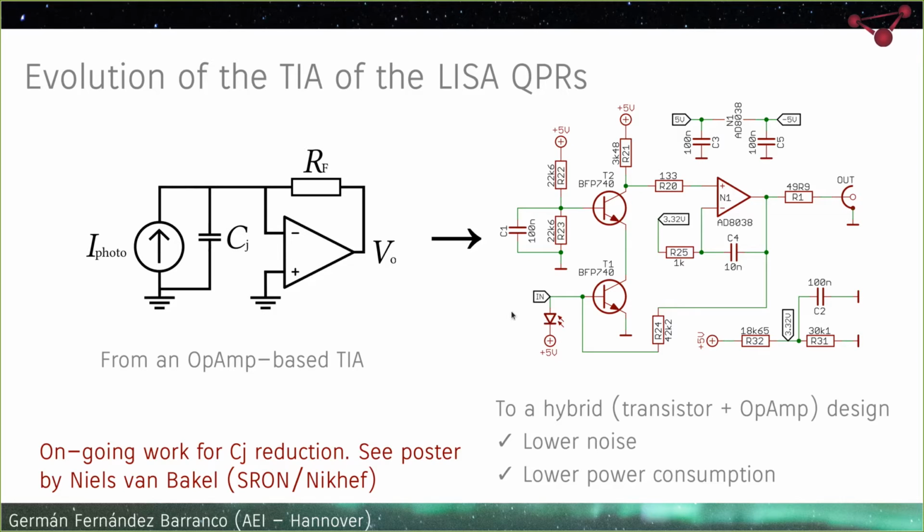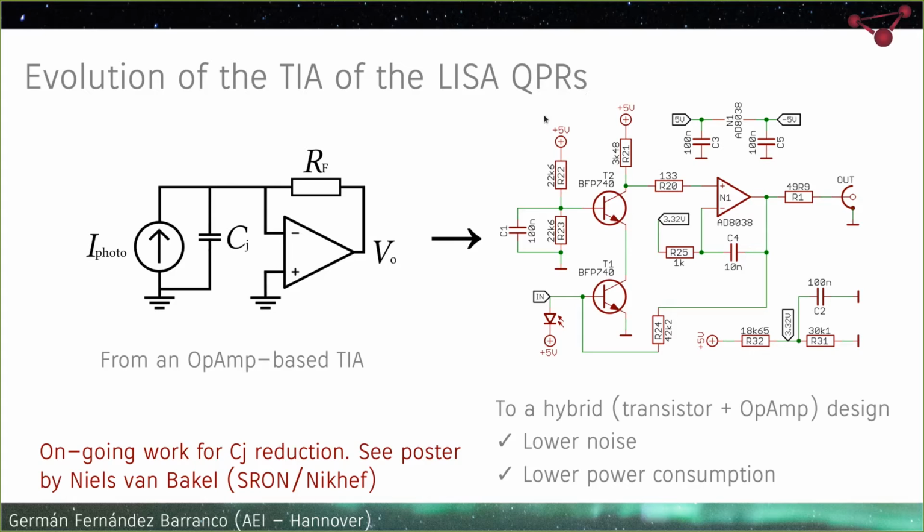But since the selection of these amplifiers is limited, we started investigating a solution based on bipolar transistors, using heterojunction bipolar transistors as the first stage, because these transistors show a lower noise compared to op-amps. And that's what you see on the right-hand side of the screen.